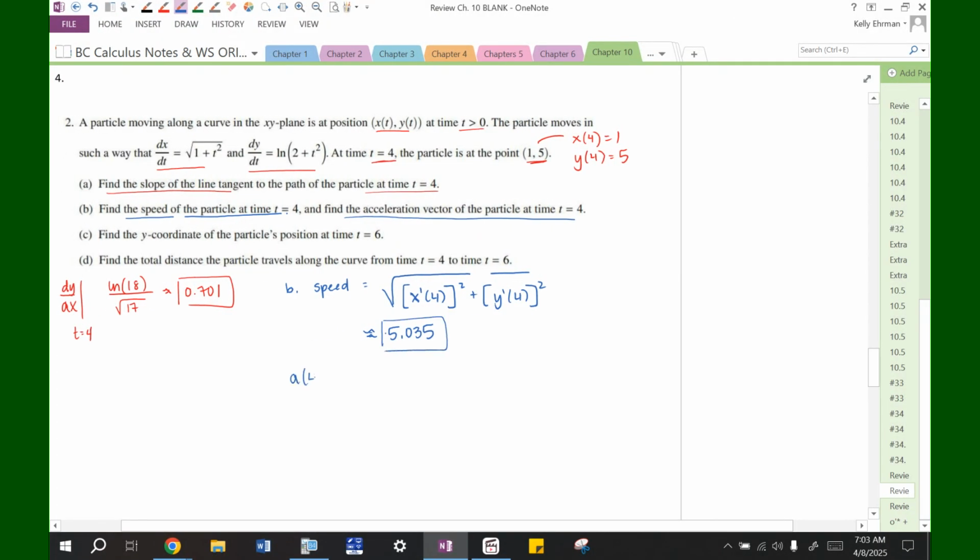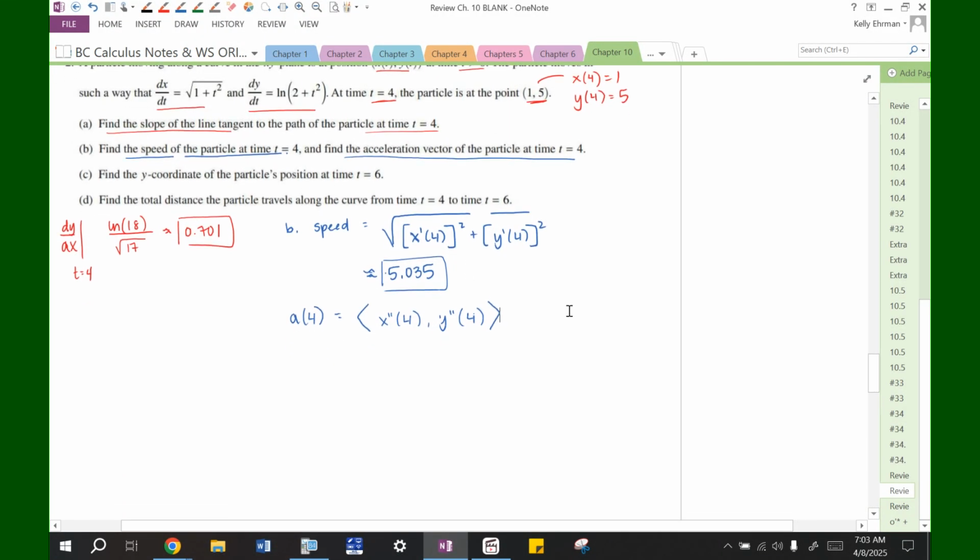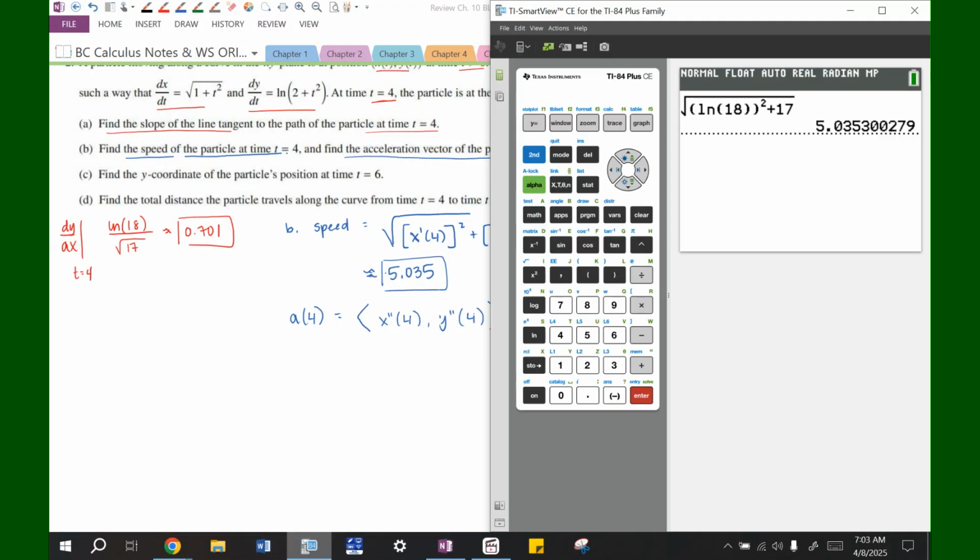So a of 4 is equal to x double prime of 4, y double prime of 4. Remember, you're allowed a calculator, so you do not have to find these derivative equations. You just have to use your calculator to plug into them. So math 8.